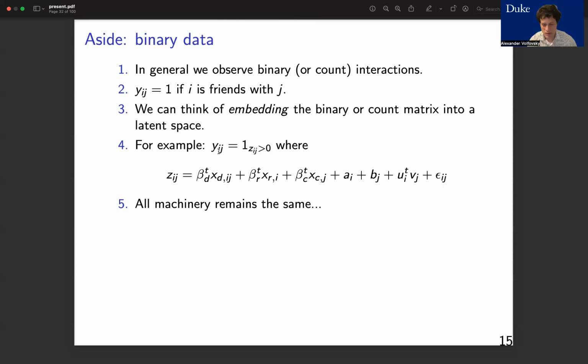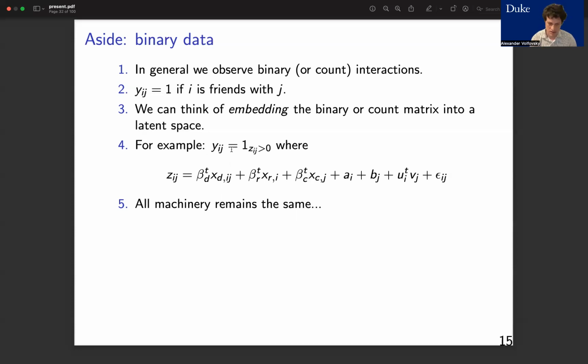So for example, Yij is equal to the indicator that Zij is positive. And then you would model Zij as coming from this universe. So this is exactly the model that we had before, right? And so it will allow us to interpret parameters in a very similar way as before. And this indicator that Zij is greater than 0 ties together the observed value with the information about the covariates.